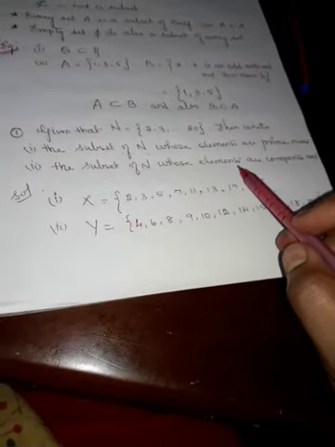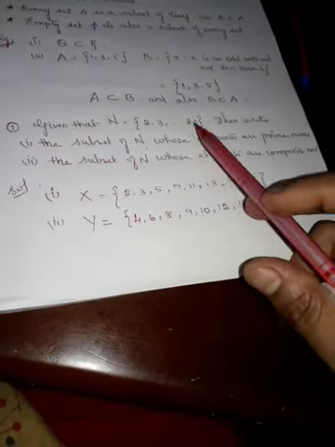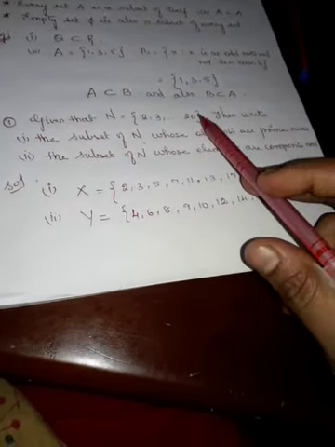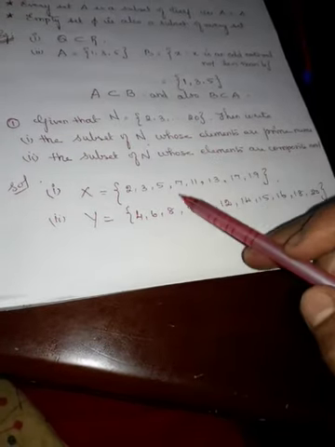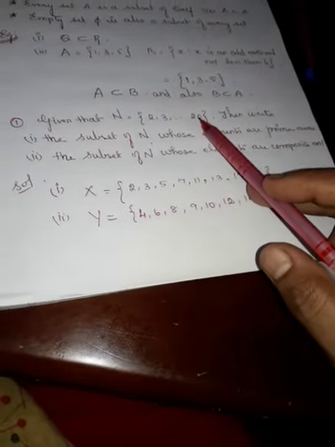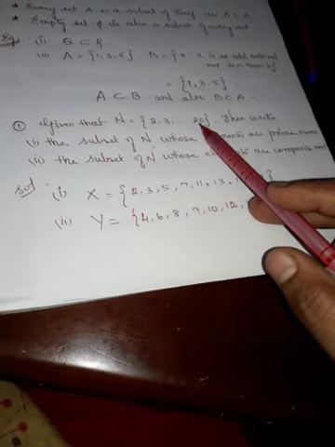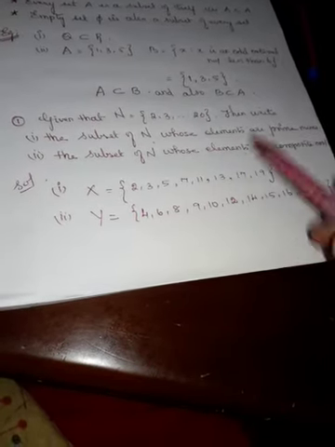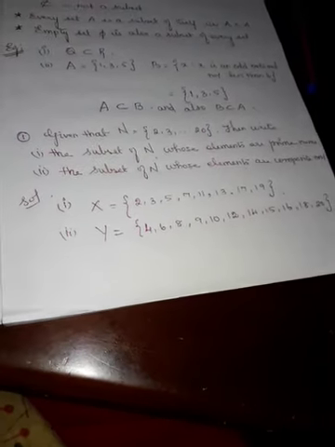So we have written the two subsets asked in the question. Now clearly we can say x is a subset of n and y is a subset of n, because each and every element of these sets is available in the given set.